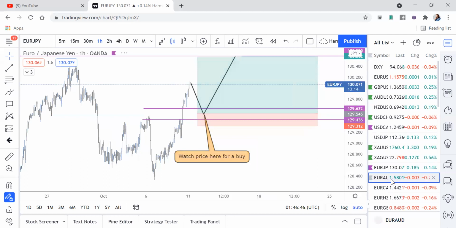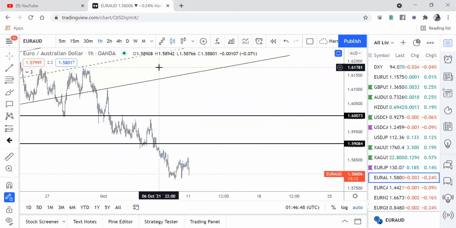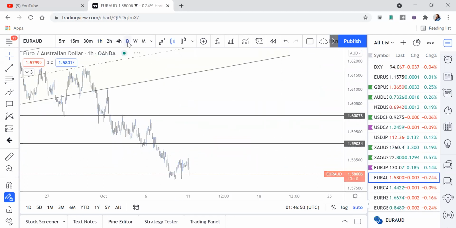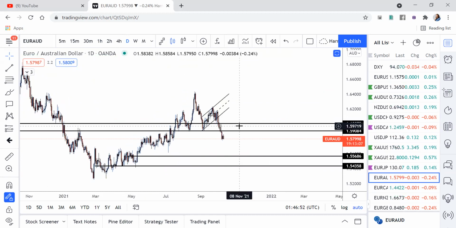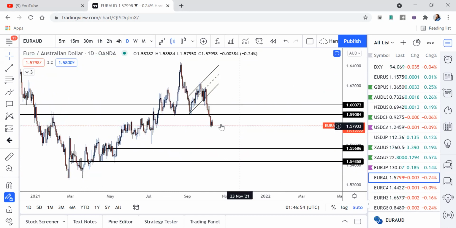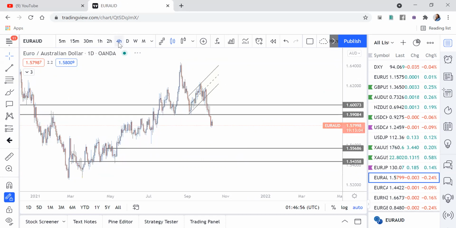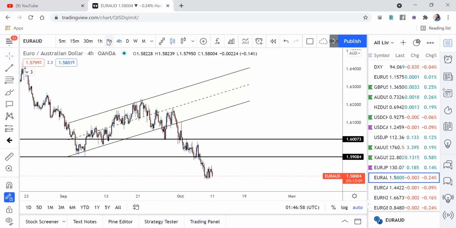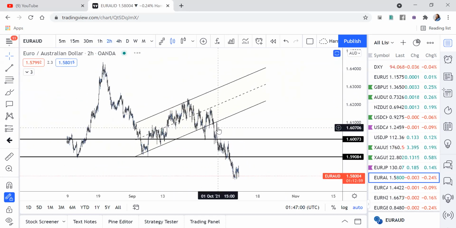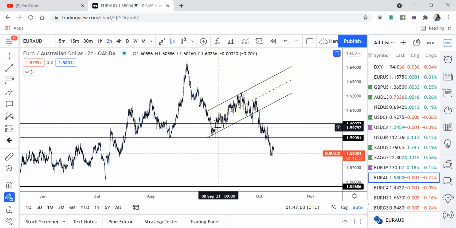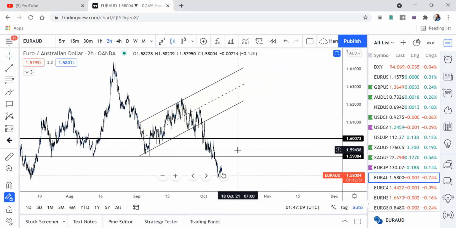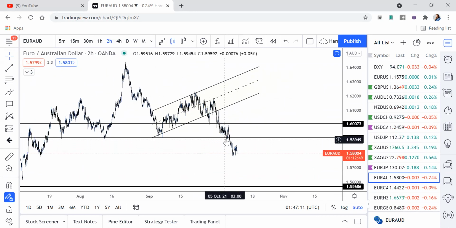Okay, let's look at EA. See if we have anything on EA. Okay, at the moment, I'm not interested in EA. What I did get, though, was a nice breaker structure. I got a lovely breaker structure.